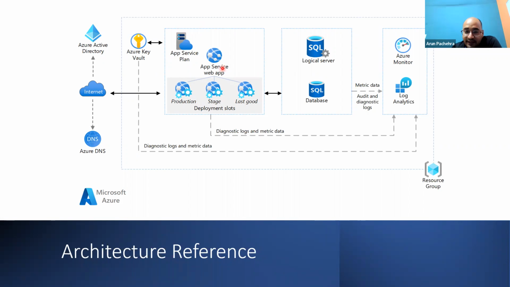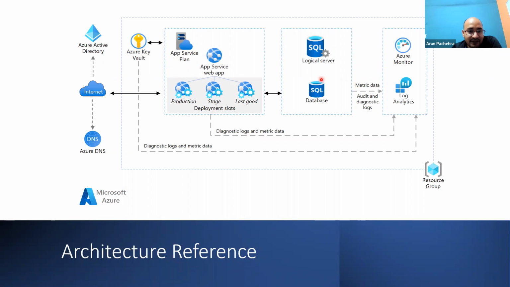Under the app service plan, app services are running, and there are 3 app services running: production, stage, and last known good configuration kind of application. And these are running in the deployment slots, and all the secrets are in the Key Vault as secrets, certificates or access keys. Active Directory is used for the authentication.